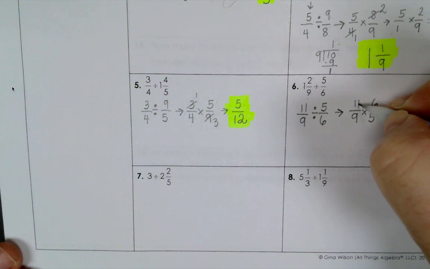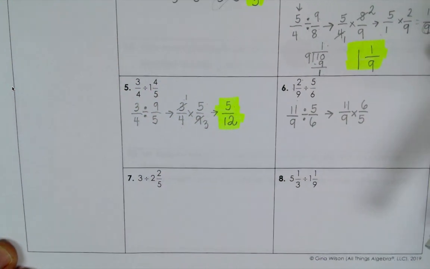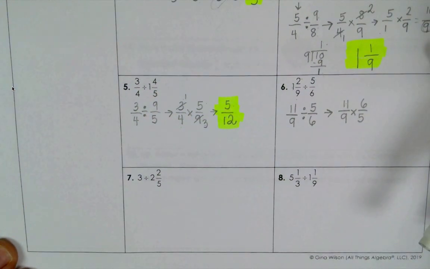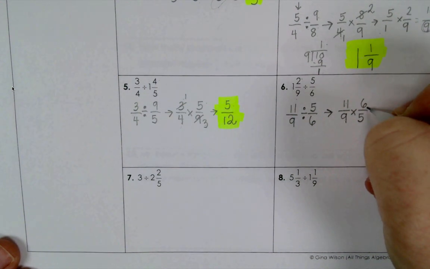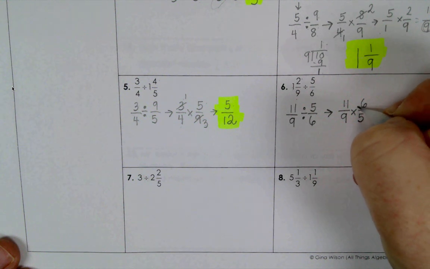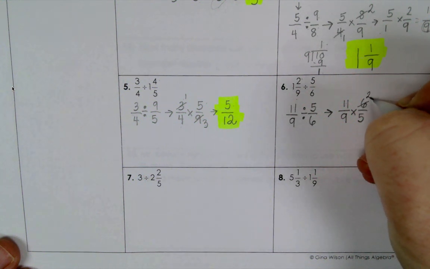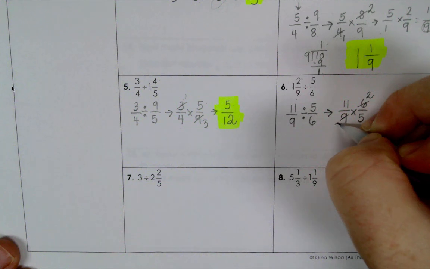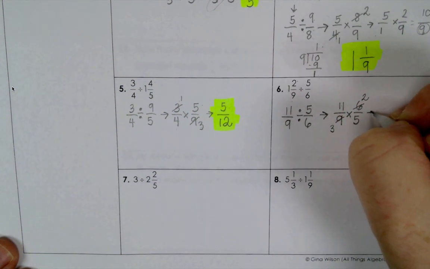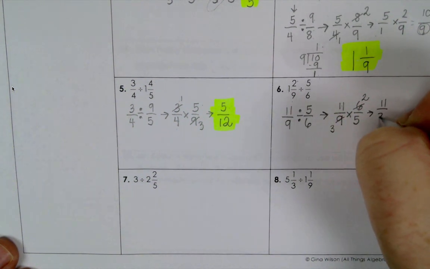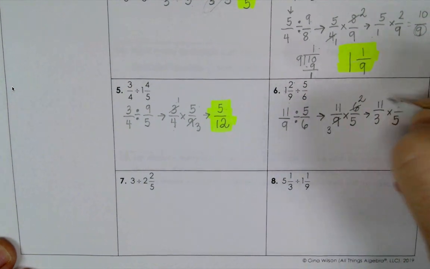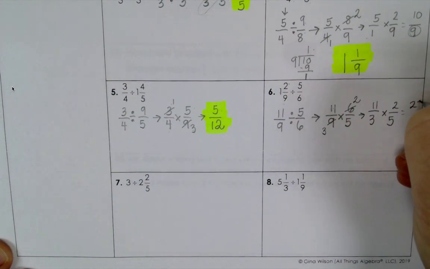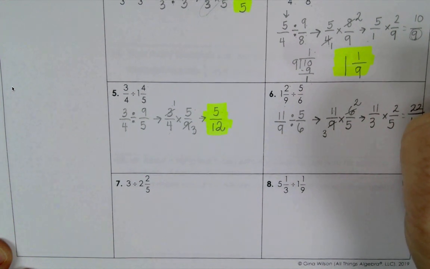If I cross simplify, 11 and 5 are both prime numbers, so the greatest common factor they share is 1, and I cannot do anything about that. But the greatest common factor of 9 and 6 is 3, so 6 divided by 3 is 2, 9 divided by 3 is 3. So I get 11 thirds times 2 over 5, and I'm going to get 22 over 15.